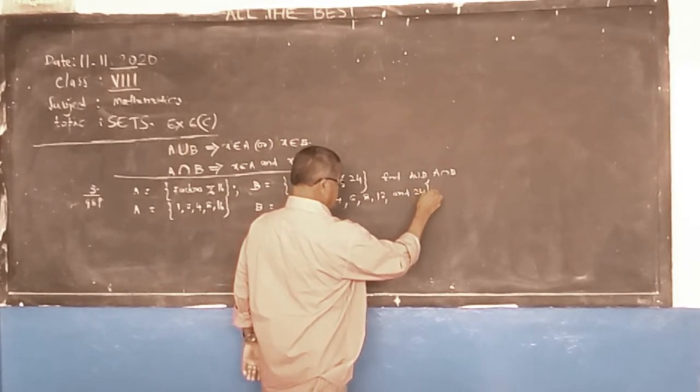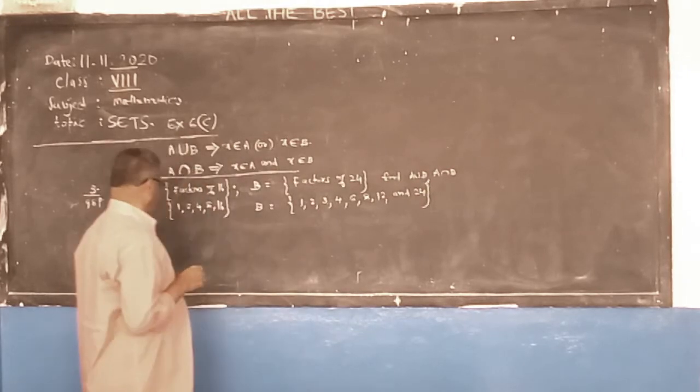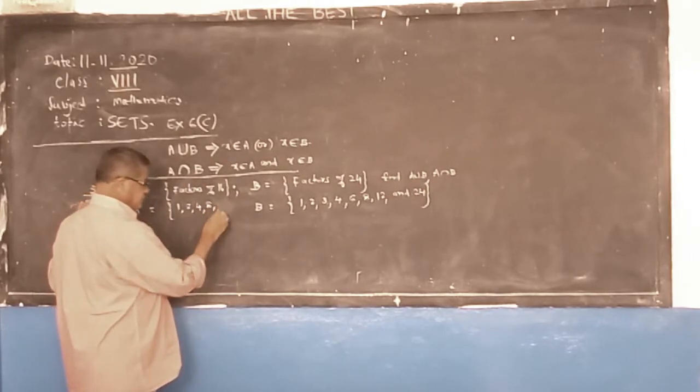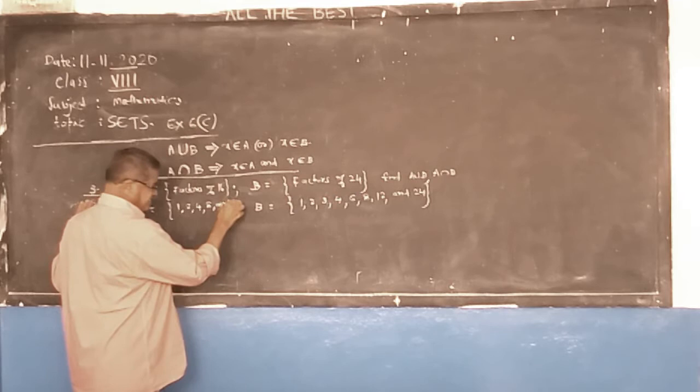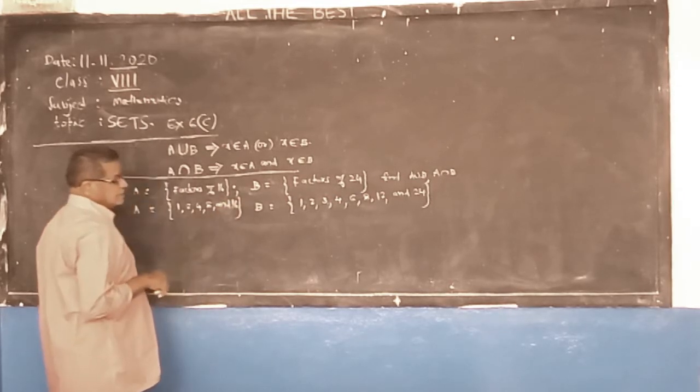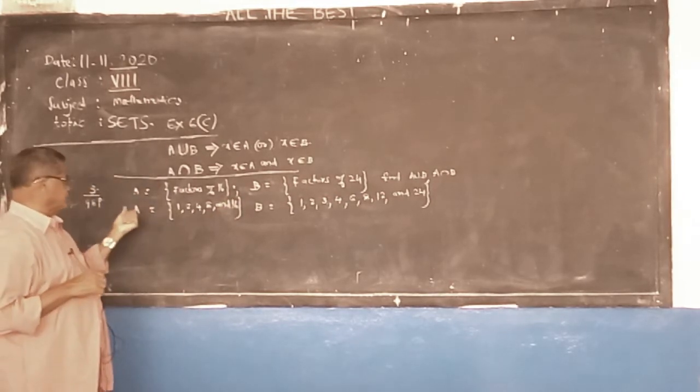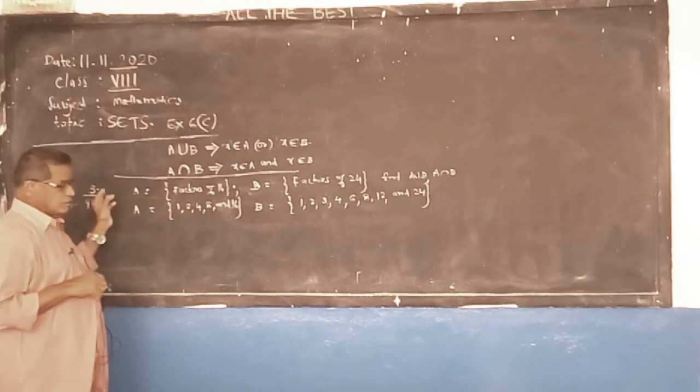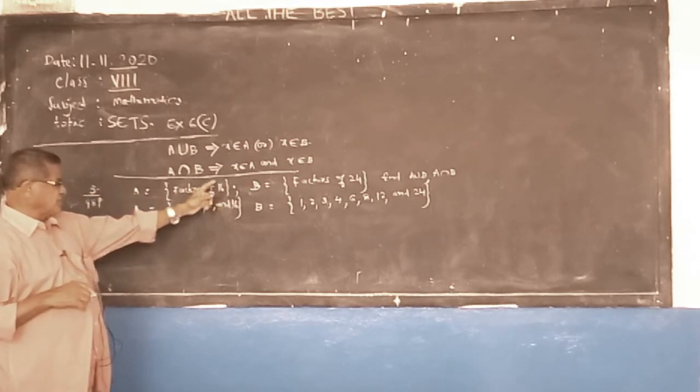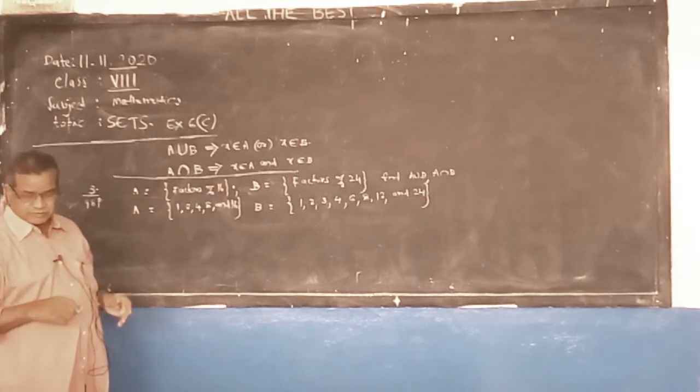So these are the factors of set A, 16, and set B, 24.